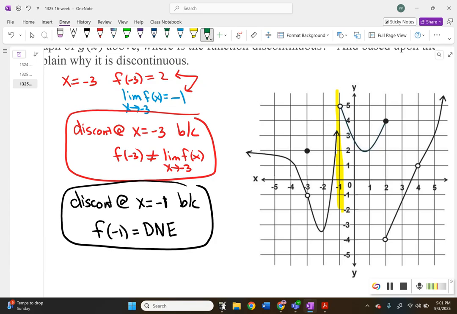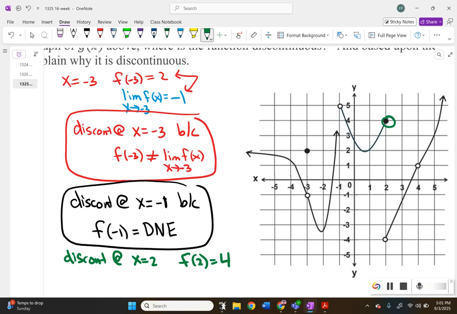The next place it's discontinuous would be at 2, right here. And so it's discontinuous at x equals 2. The first thing I would check for discontinuity is the point. Does f of 2 exist? Is there a point when x is 2? And yes, there is.